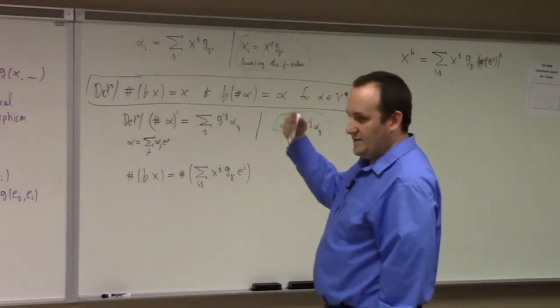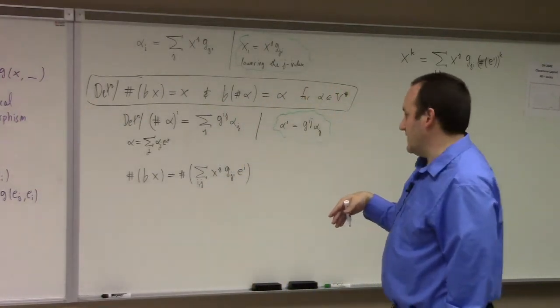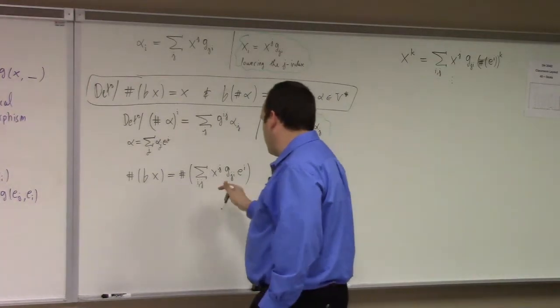The flat takes a vector and turns it into a dual vector. And then what do you do?